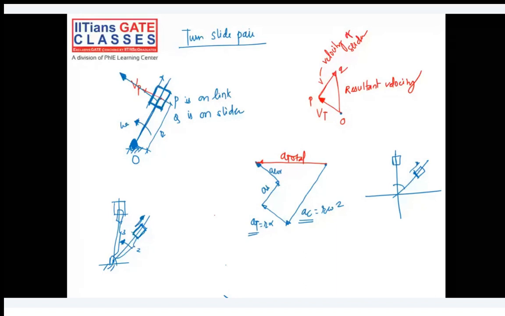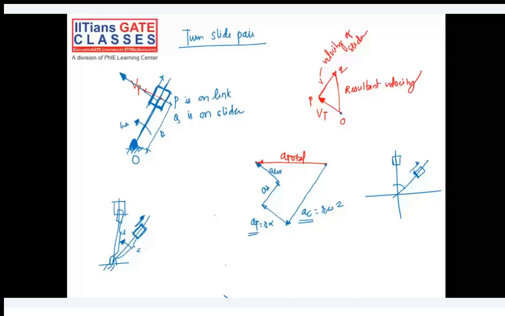So this is the acceleration which you can calculate by rotating the velocity vector in the direction of angular velocity by 90 degrees.